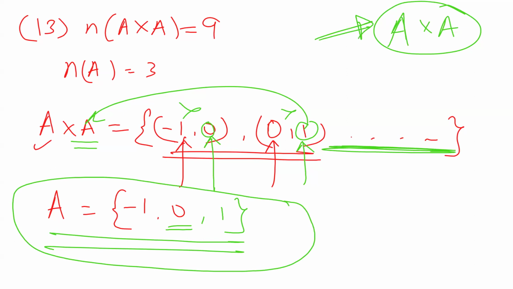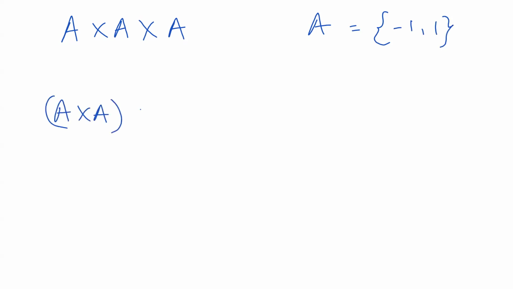One last question. They might ask you something like this: A cross A cross A, where A is equal to -1, comma 1. So first we'll find out A cross A, that is the Cartesian product of A with itself. I'll just rewrite this for you.